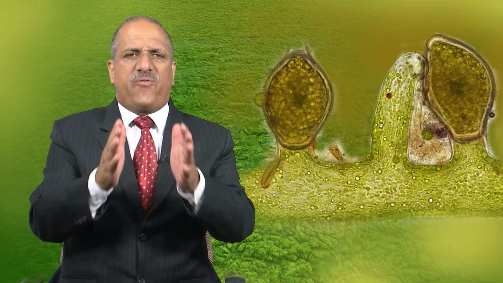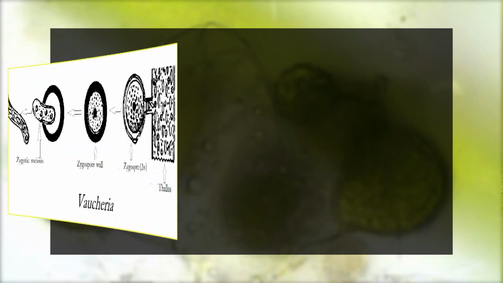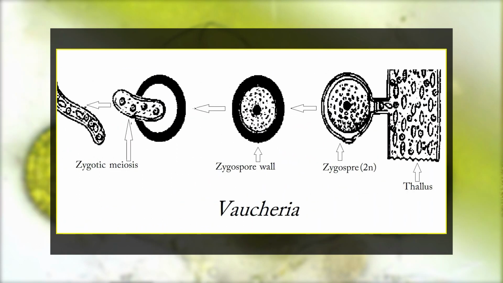Now, let us try to understand how a zygote or zygospore germinates. Once unfavorable conditions are over, the dormant period is over, the zygospore germinates to form a new thallus.